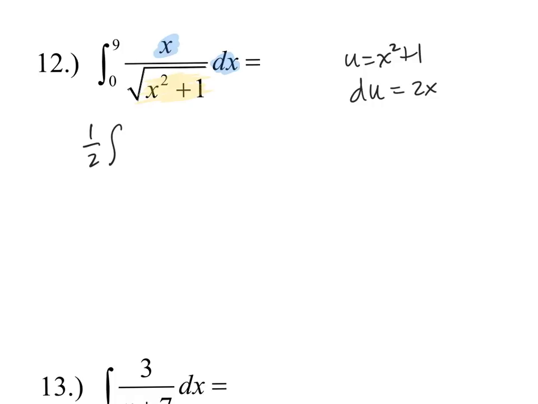Now, before we write the bounds, remember these bounds, 0 and 9, are x bounds, but we're about to rewrite this integral in terms of u, so they need to be u bounds. To get the lower bound, we take the lower bound of 0 and put it in right here. So that lower bound would be 0 squared plus 1, or 1.